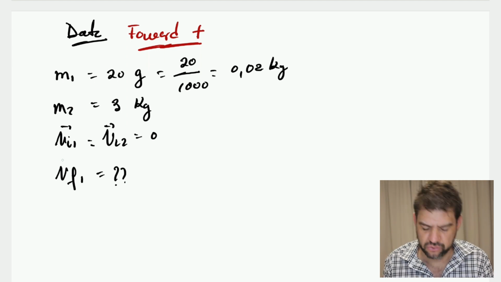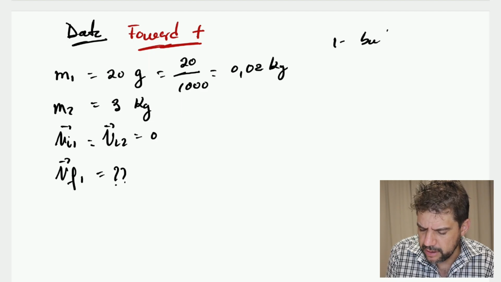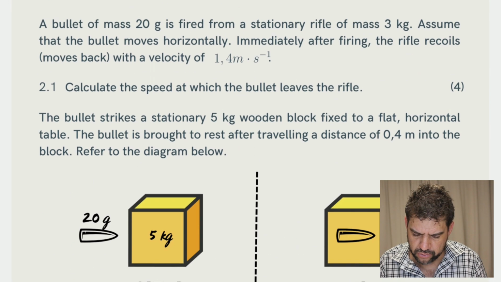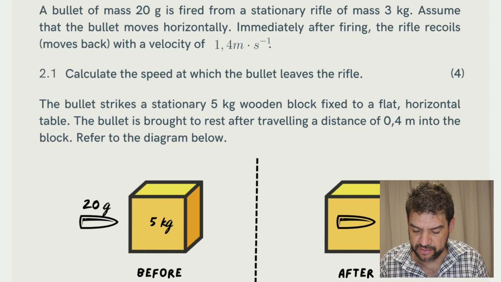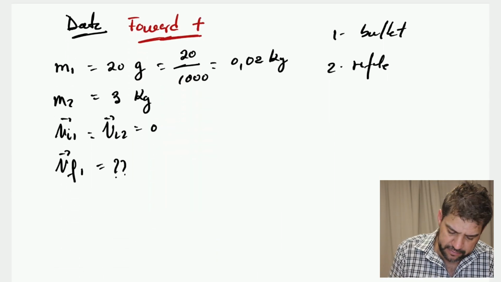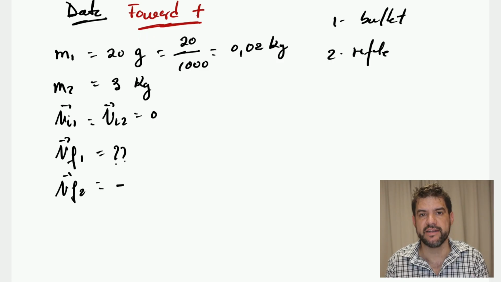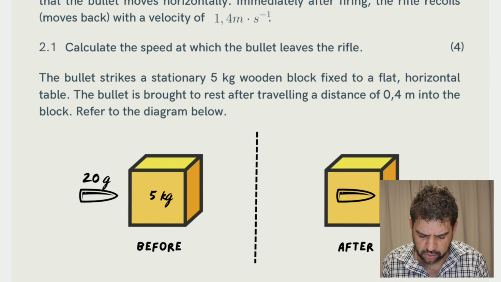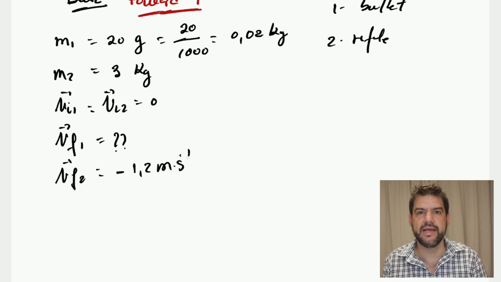Guys, if you think you are going to get confused with 1 and 2, you can write 1 for bullet and 2 for rifle. It's entirely up to you. Now, the recoil speed of the rifle, which is the final velocity 2, is equal to negative, because it's backward and I say forward is positive. So it's negative 1,4 meters per second.